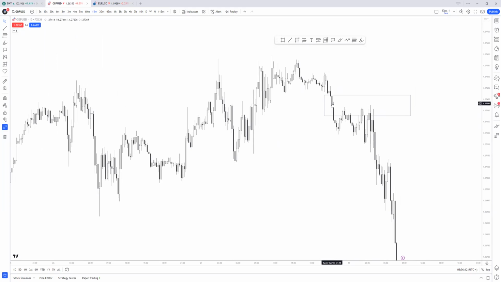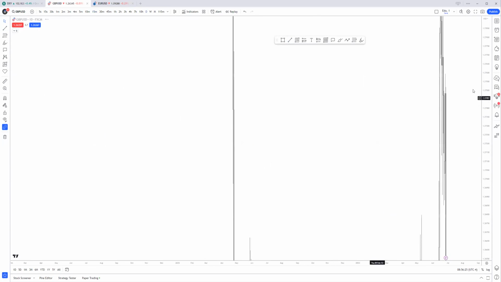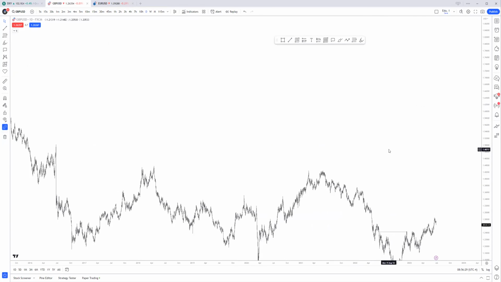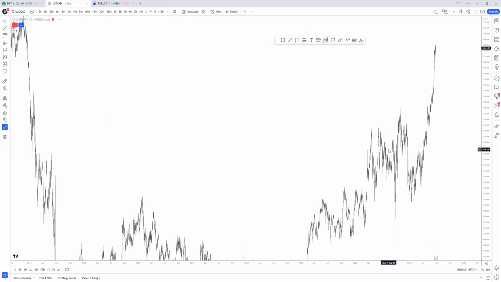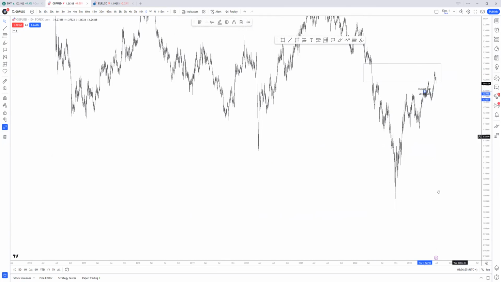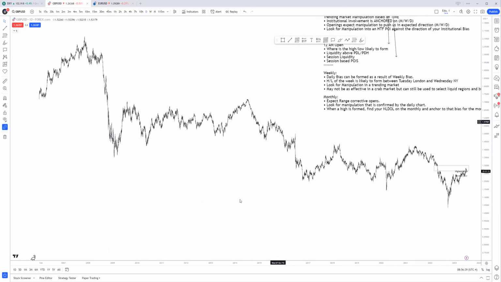Notice the time of day, right? When this happens, 3:30 a.m., that'd be the London kill zone. Where is all my text? Let's go back here. I don't think I actually finished. Okay, there we go.